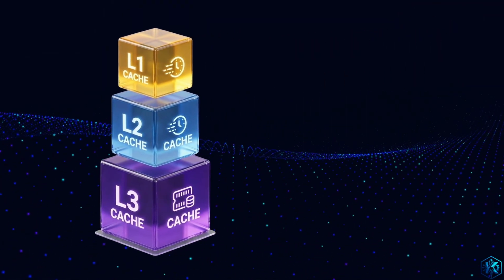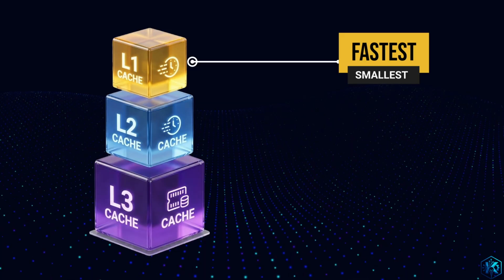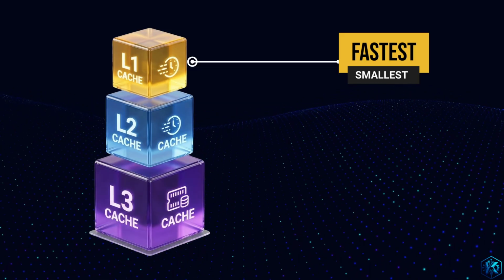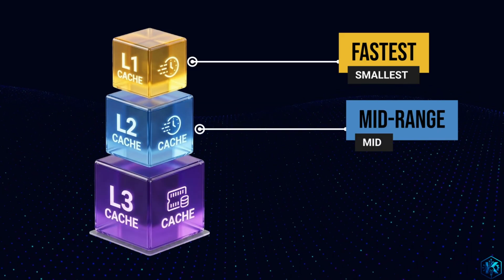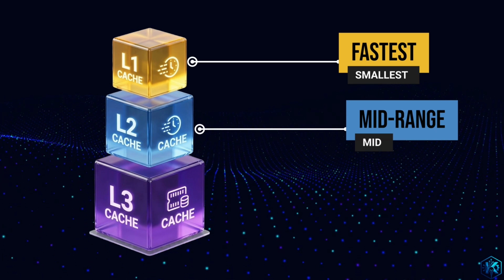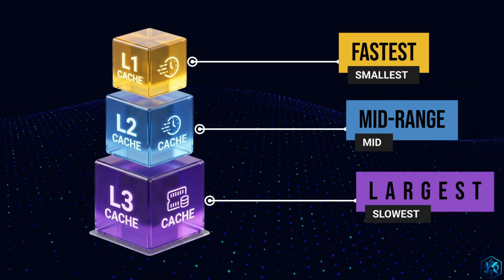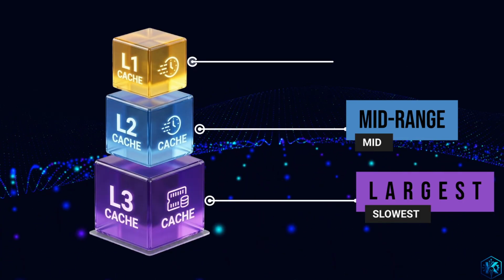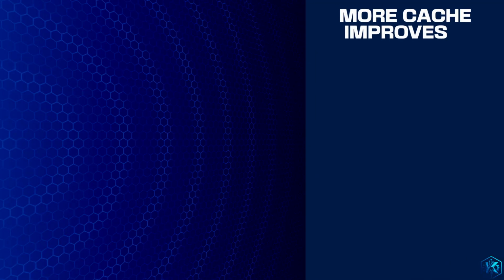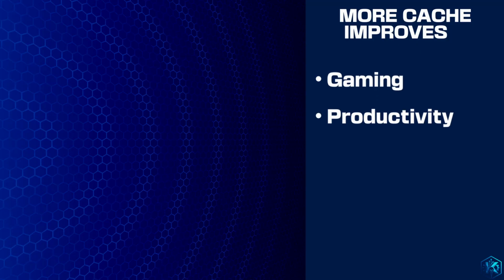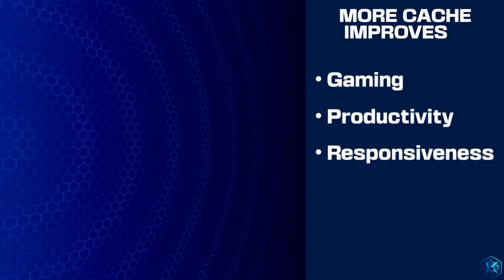We've got the L1 cache, which is the fastest and smallest of the 3. We've got the L2 cache, which is larger but slightly slower. Then finally we've got the L3 cache, largest of them all but slower than the L1 and L2 cache. More cache often improves gaming, productivity, and overall responsiveness.